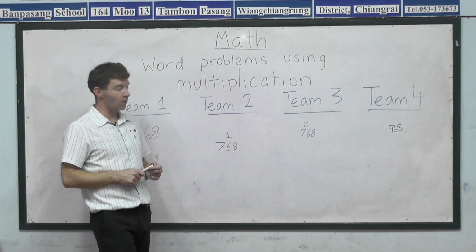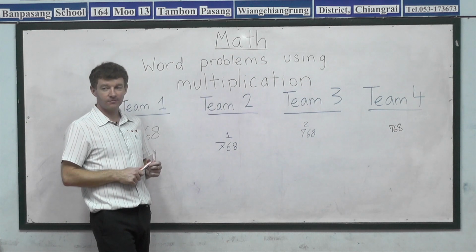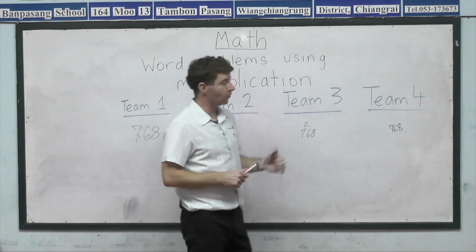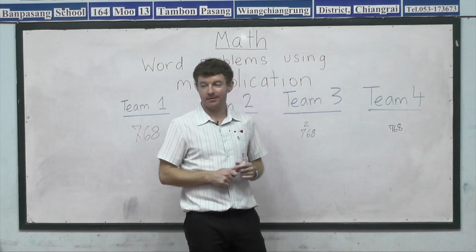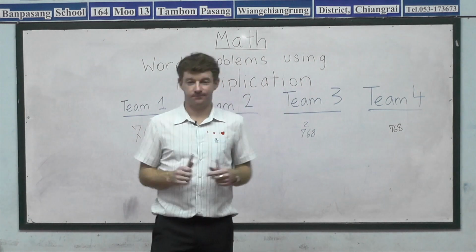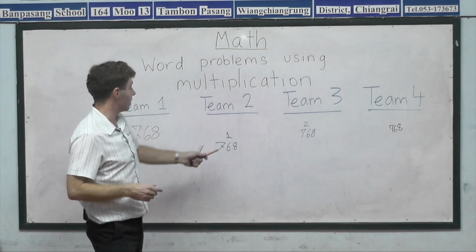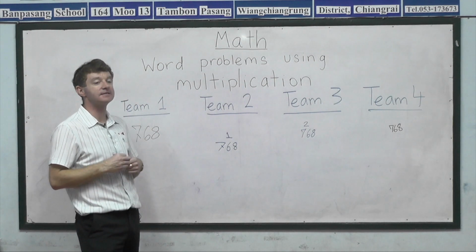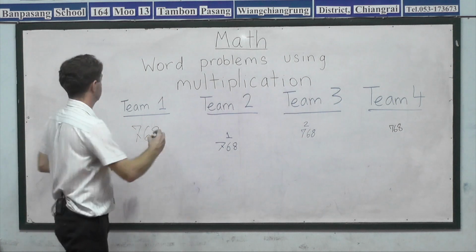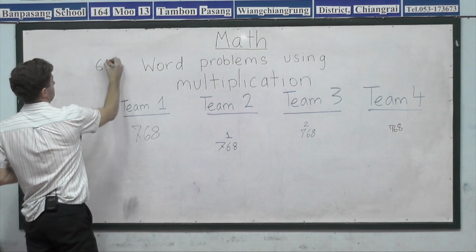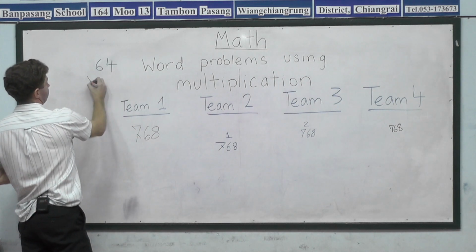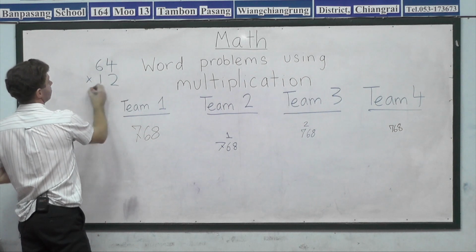Team 3, what's your answer? 768. Team 4, what's your answer? 768. Okay, now let's work it out together. What did we do to get our answer 768? 64 times 12.